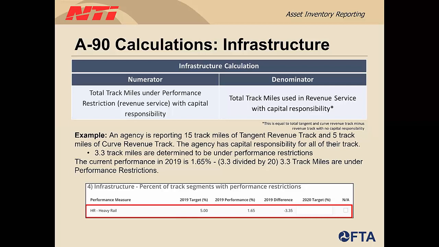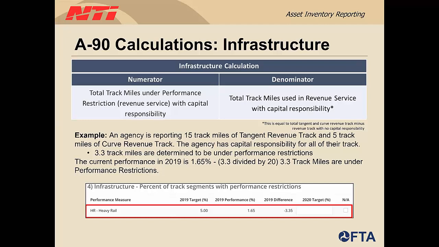The current performance for the section is calculated by taking the total track miles under performance restrictions used in revenue service with capital responsibility and dividing by the total track miles used in revenue service with capital responsibility. This calculation only takes into account track miles used in revenue service. It does not include non-revenue service or any revenue track with no capital responsibility.